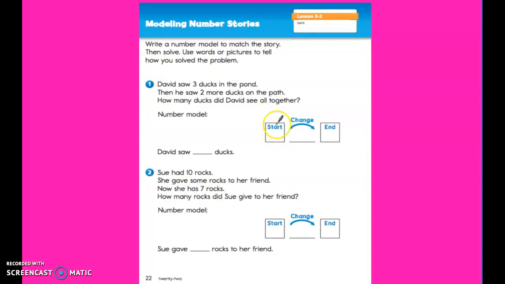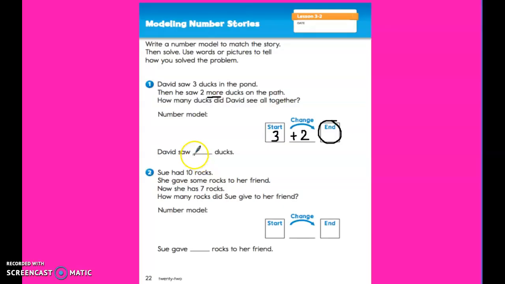So we're going to start with our start. So he saw 3 ducks in the pond. So that would be our start. Now, if we're going to think about our change, he saw 2 more. There is our big clue word, more. More, if you remember, means plus. So he saw 2 more. So you need to figure out what is our ending number.